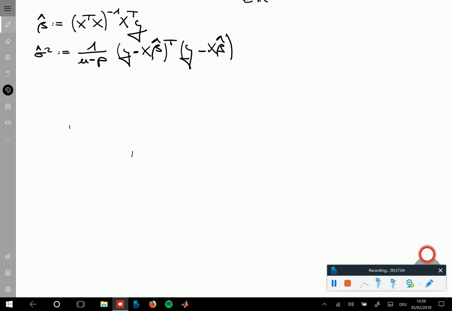These are the formulas for the beta hat and the variance estimates.